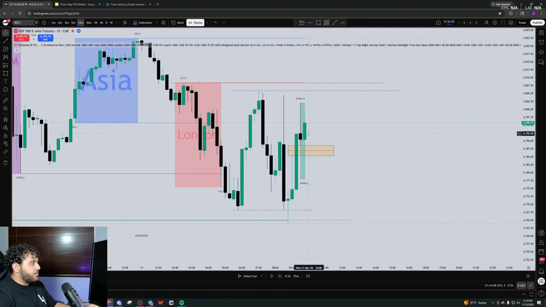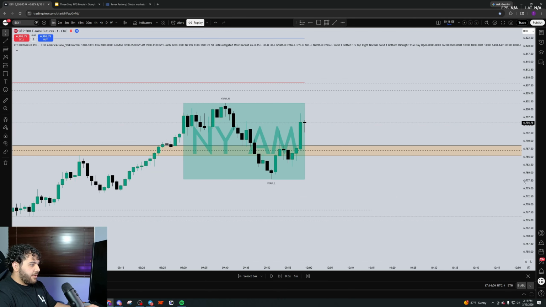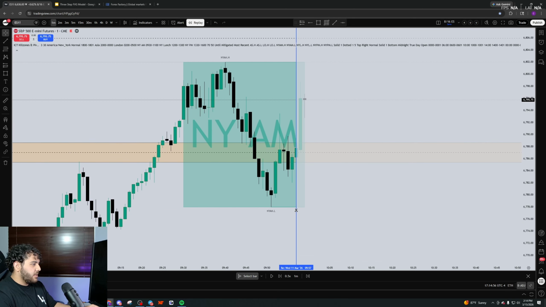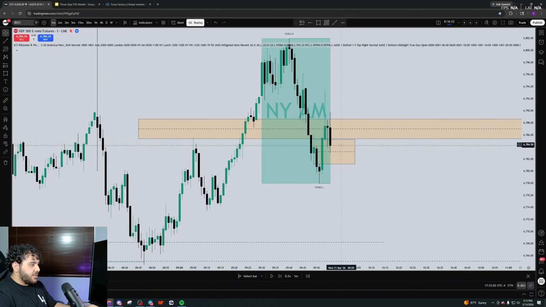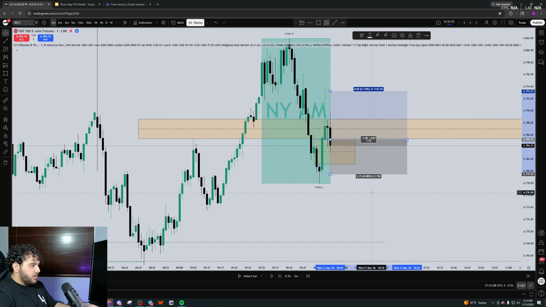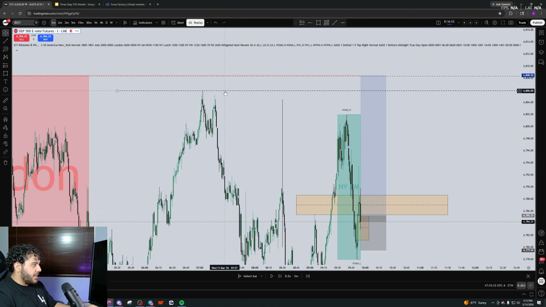And you can see that price is immediately respecting it, going down to the lower time frame, and I actually missed the area where we were going to enter. So right here we have our fair value gap. Price trades down into it, immediately respects it. We're able to get long, stop below the fair value gap right here, and then again we have all these beautiful highs to target.